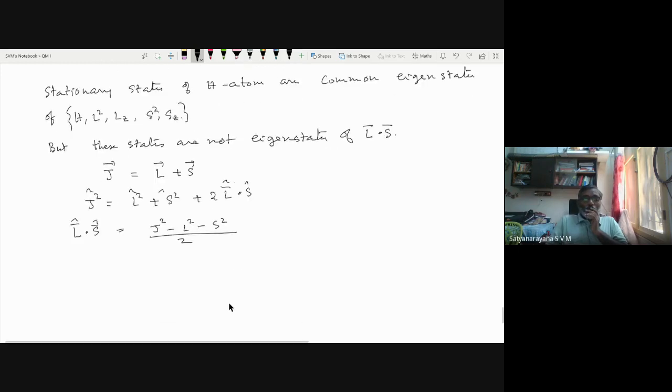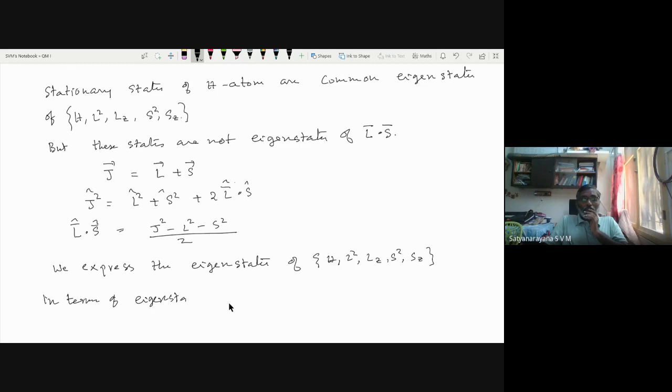So we express the eigenstates of H, L square, Lz, S square, Sz in terms of eigenstates of H, L square, S square, J square, Jz.